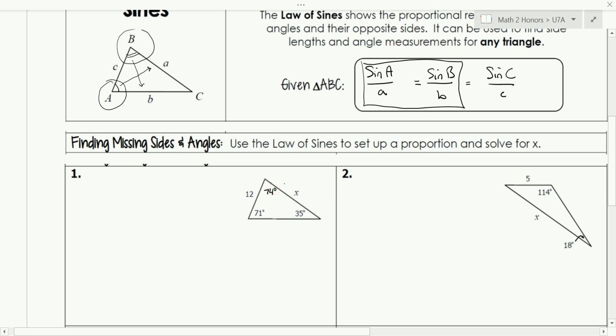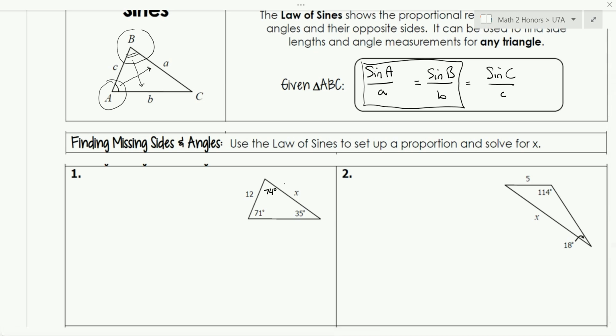All right. So which side is the hypotenuse? The answer is there is no hypotenuse here because it's not a right triangle, right? Hypotenuses are unique to right triangles, though. So there is none.